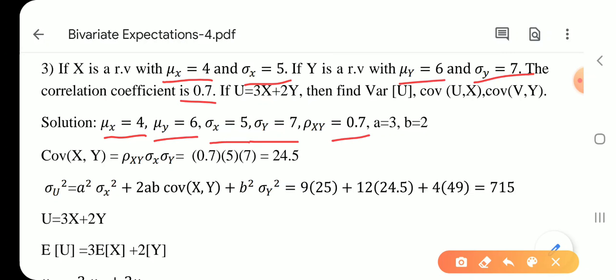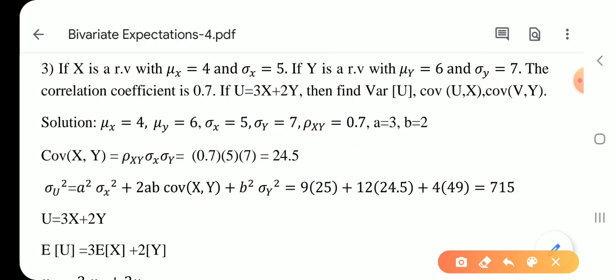If U is equal to 3X plus 2Y, find the variance of U, that means we have to find sigma u square, covariance of UX and covariance of UY. Let us write the values of a and b. A is 3, b is 2.